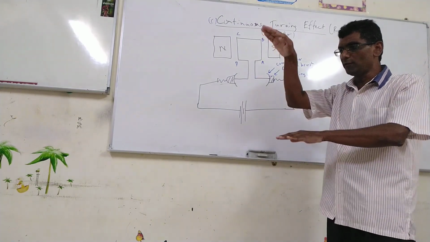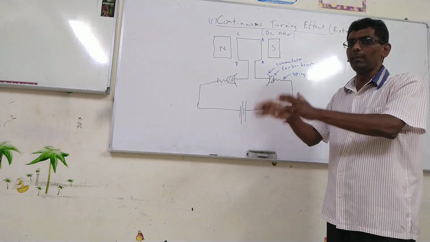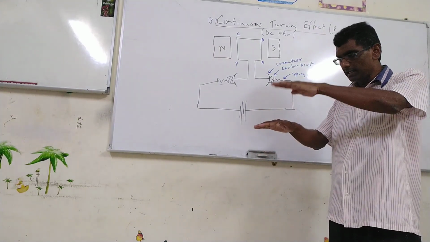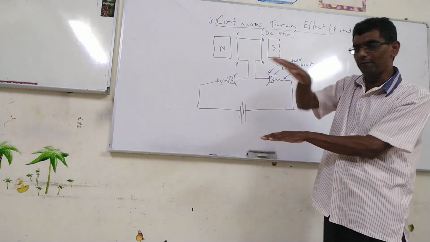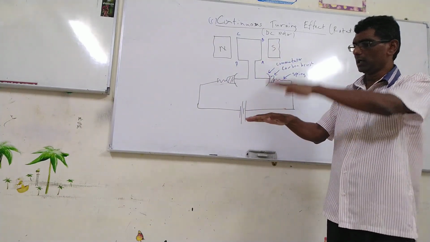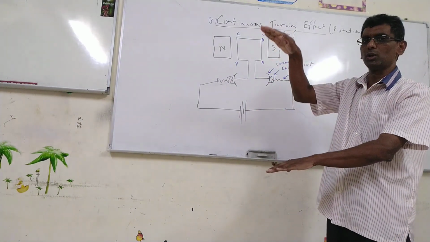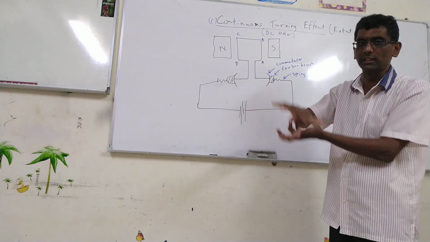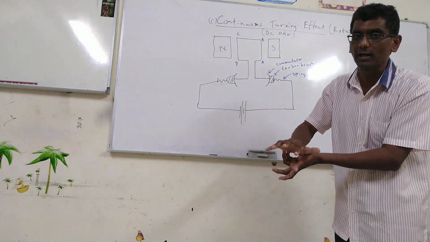So the upward force and downwards force, we make it simultaneous. So the force downwards and upwards causes the coil to turn. So the coil will turn only once.